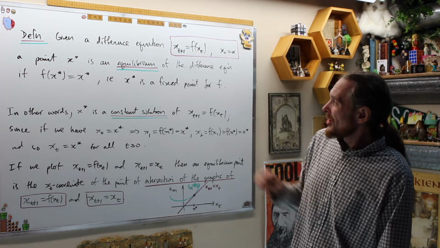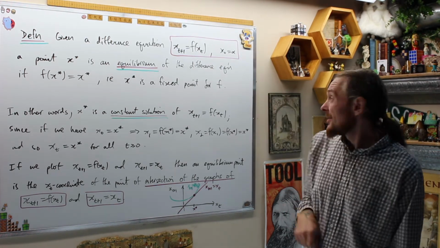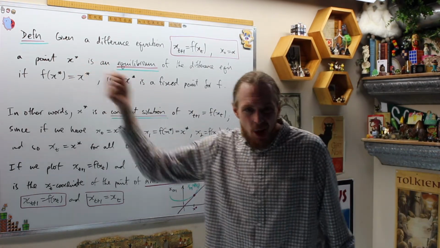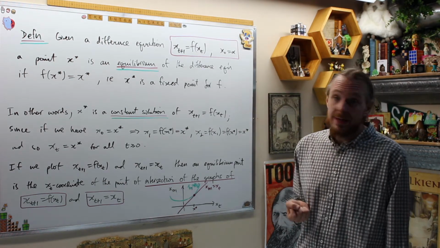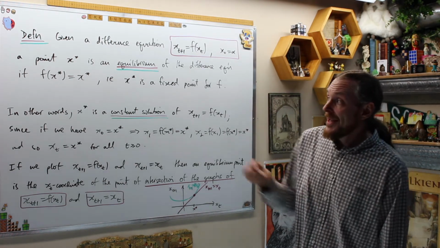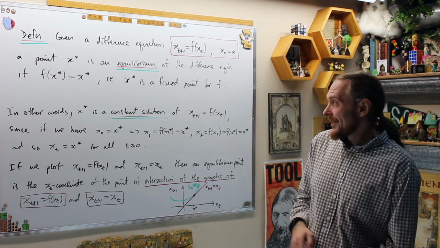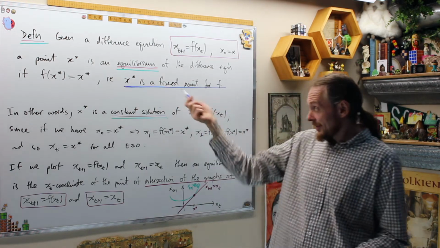All right, definition. Given a difference equation, x_{t+1} equals f of x_t, and a starting point, initial conditions, x0 equals alpha, for some real number alpha, a point x star is going to be called an equilibrium point, or a steady state point of this difference equation, if f of x star equals x star. Another way of saying that is, this is the definition of a fixed point.